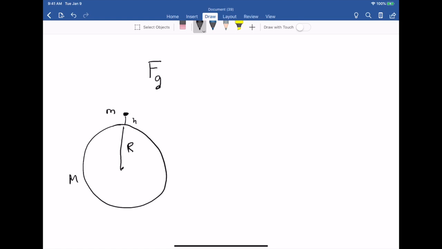So let's calculate the force of gravity on this object. Based on what we've learned in this chapter, you can use the shell theorem and treat the Earth as a point mass located at its center. So Fg is going to be equal to G M m divided by the distance between the object and the center of the Earth, so that's (r plus h) squared, and that is the force of gravity.